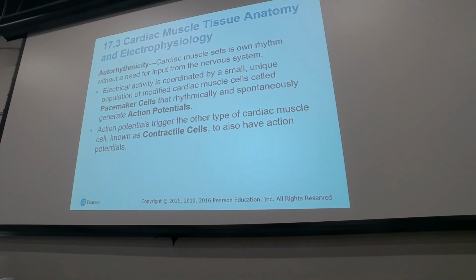As long as the heart has the right number of ions, right temperature, right pH, and oxygen, the heart will keep beating. Eventually the heart will stop beating, of course. But that's autorhythmicity, the property of beating on its own.